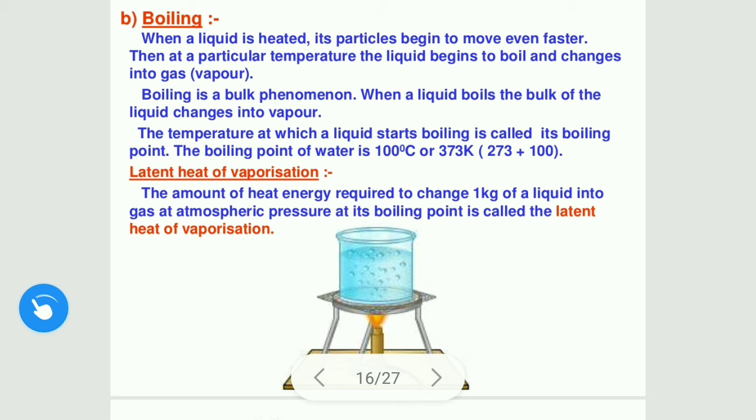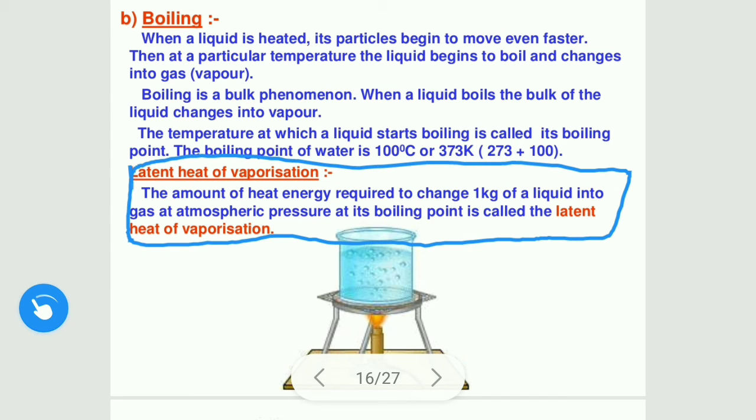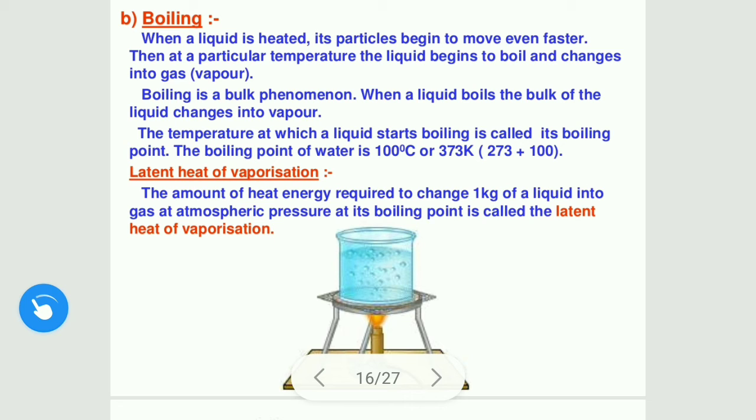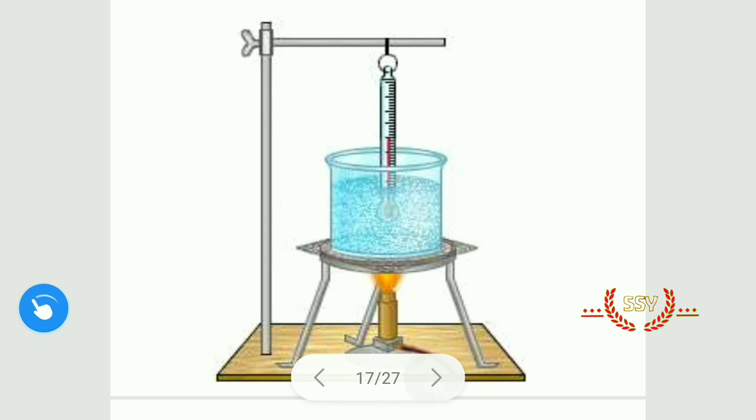For liquids, similar to latent heat of fusion, we have latent heat of vaporization, that is the amount of heat energy required to change 1 kg of liquid to gas at atmospheric pressure and its boiling point. This is known as latent heat of vaporization. This is an example of the same, heating the liquid and the temperature rising.